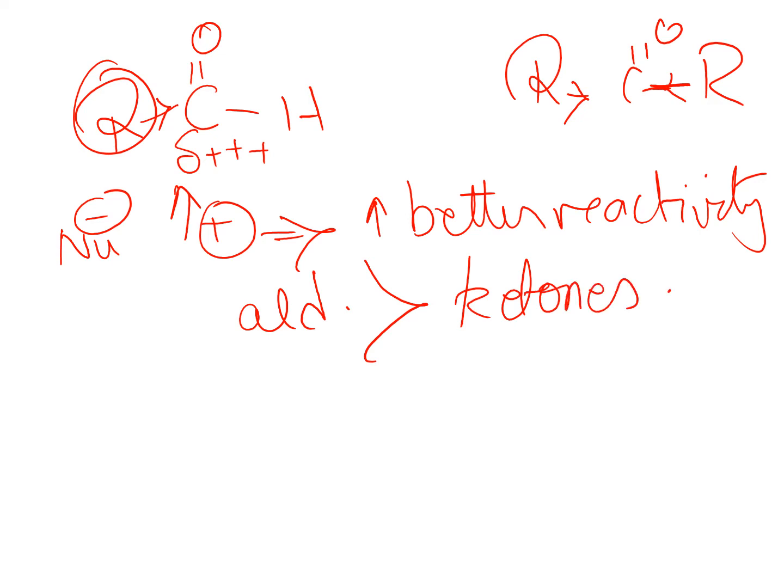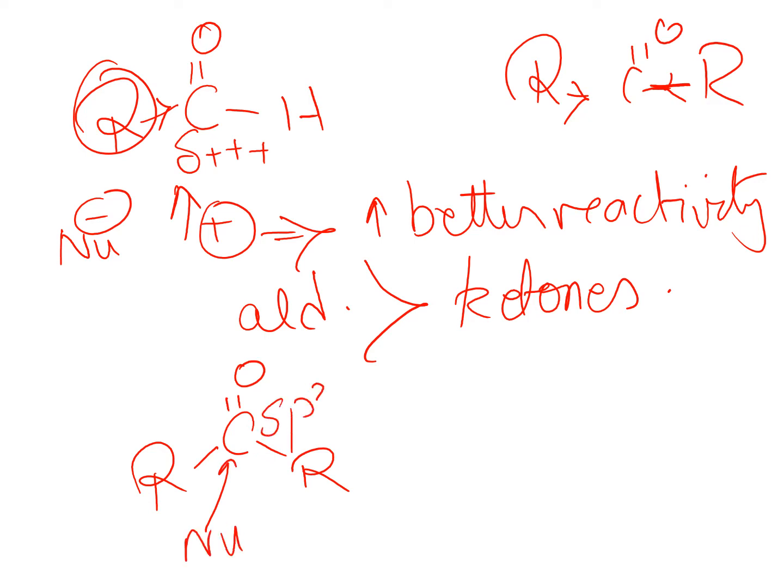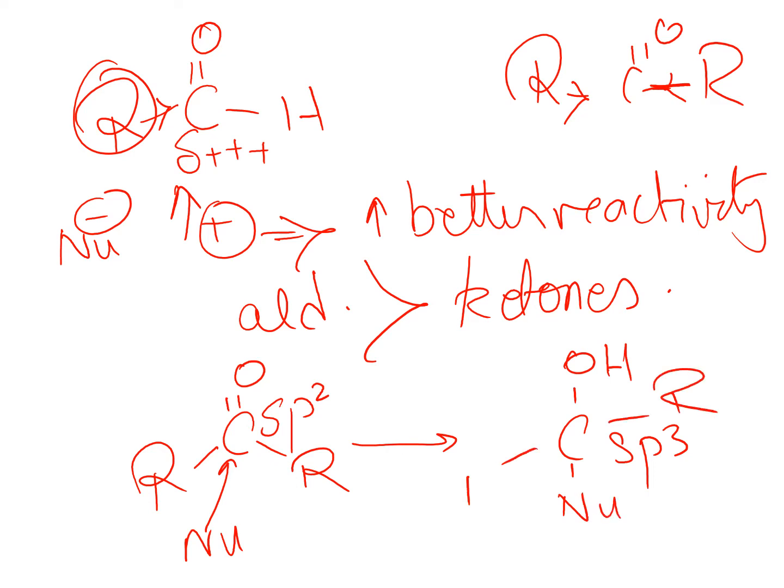The second reason for the same property, that aldehydes are more reactive than ketones, is the steric effect. In both reactions, you are attacking using a nucleophile, so you have an sp2 carbon that you're going to convert into an sp3 carbon. As we all know, sp3 carbons are crowded carbons.